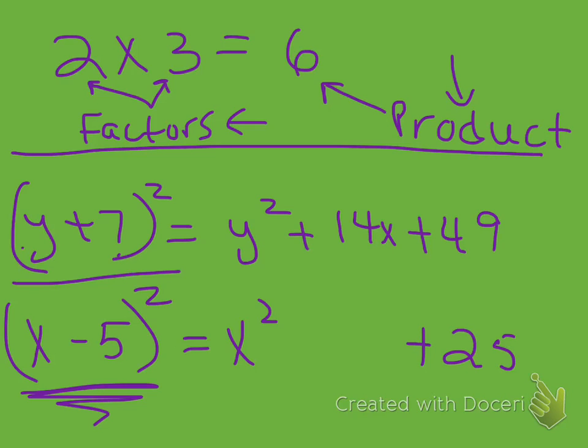And then what I do to get this middle term is I multiply that 5, actually in this case a negative 5, and the 1 that's in front of that x, and I get 5. Double it and I get a 10, but since it was a negative there, I'm going to get a minus 10x. Let's analyze this for a moment, okay?